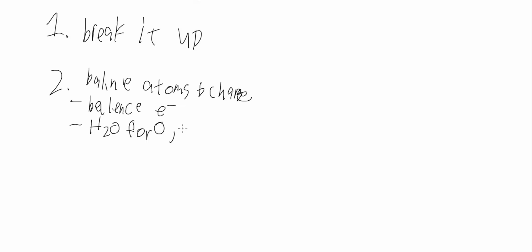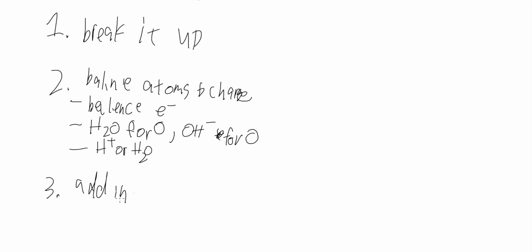In basic solution, you would have OH- for O. You balance, and then finally you balance the hydrogens by adding H+ or H2O. This is then followed up by adding the two equations. And this is the general steps for how to balance a redox reaction.